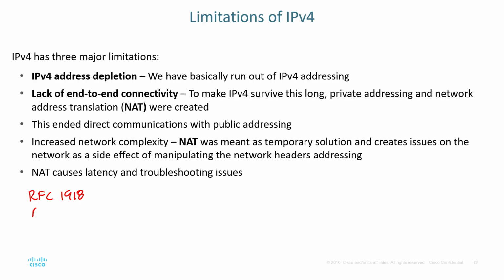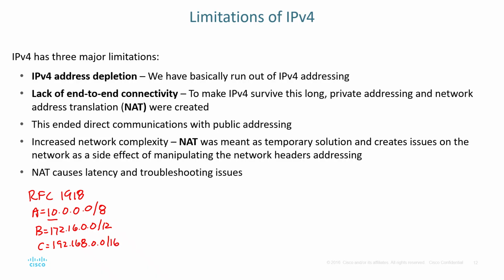An A has a range not unsimilar to a public range. It's got a prefix of 8, which means this is the network. B has a prefix of 12, and C has a prefix of 16.